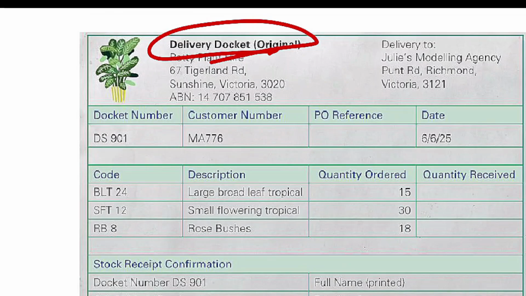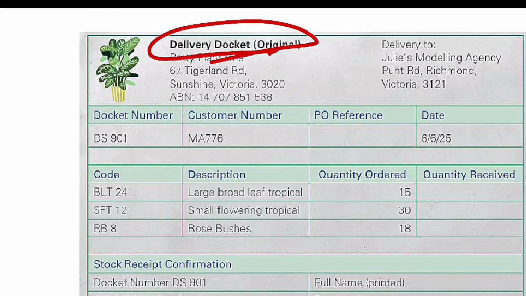What do you mean by delivery docket? It is a source document that verifies the delivery of quantities by a business to the customers, right? Is there a double entry for this?